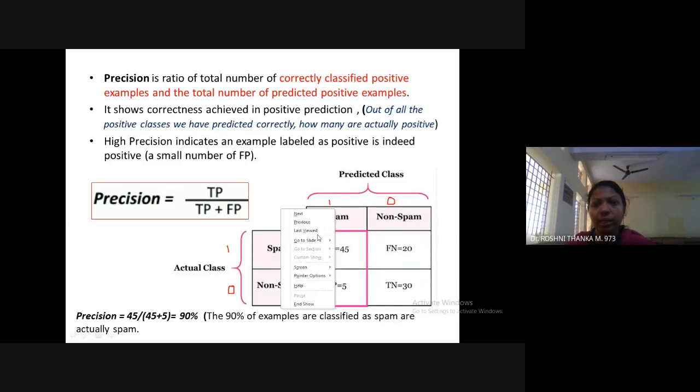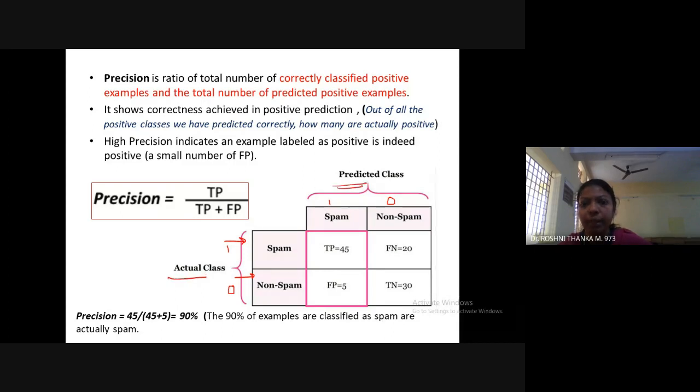We already learned the row value is the actual value and the column value is the predicted value. Precision specifies the number of correctly classified positive examples out of the total predicted value.